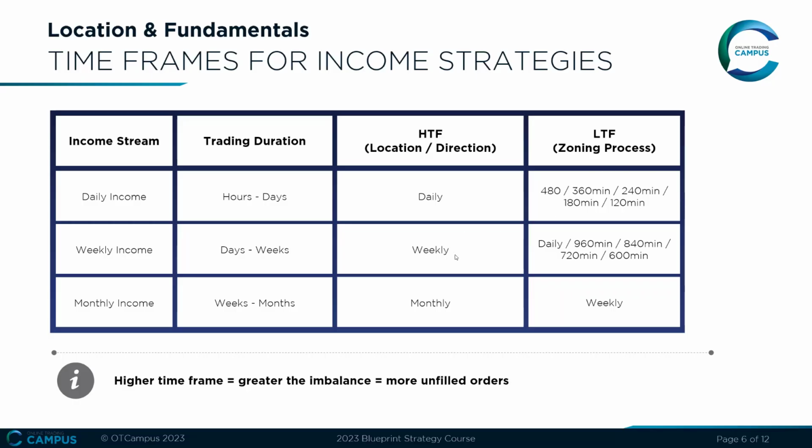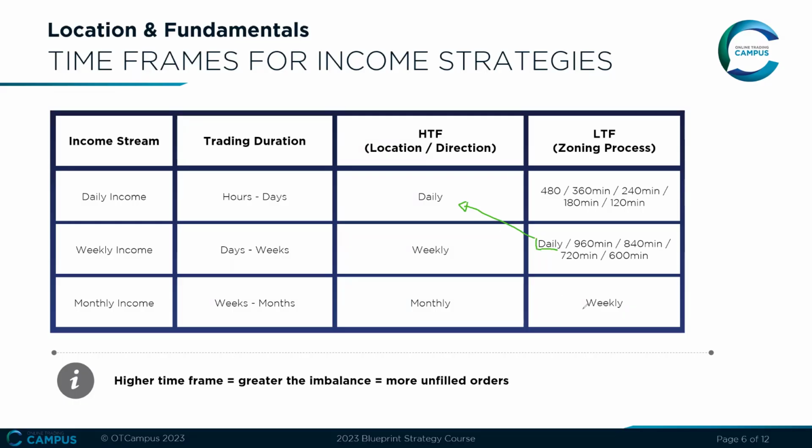And as we apply a weekly income, the lower time frame would then become a daily. And notice how if we apply a weekly income, the daily, that is now the lower time frame, was the higher time frame as we apply the daily income strategy, right?